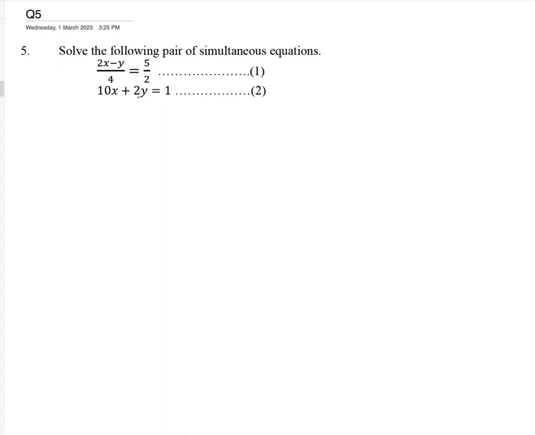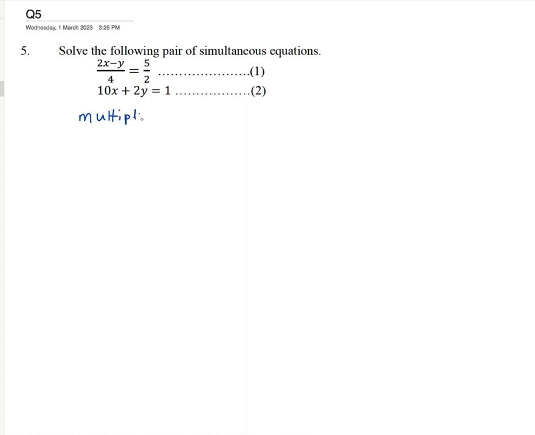We need to decide on which one to remove. But before that, we need to simplify the expression, especially the first one. We first multiply throughout to convert it to a linear form. We multiply by 4, or multiply it by 8.